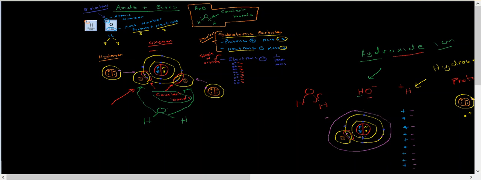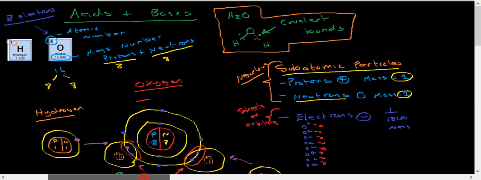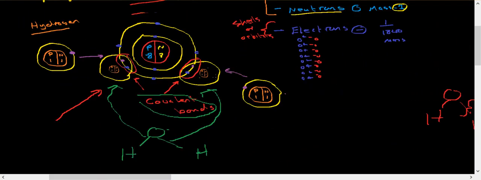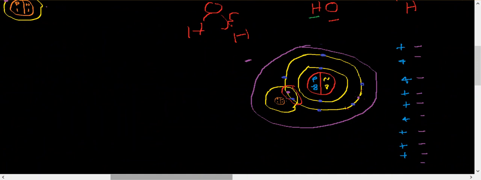Now, where are the 10 negative charges coming from? Well, when this splits up, the oxygen keeps the electron from the hydrogen that it stays bonded to, but it also keeps an extra electron.